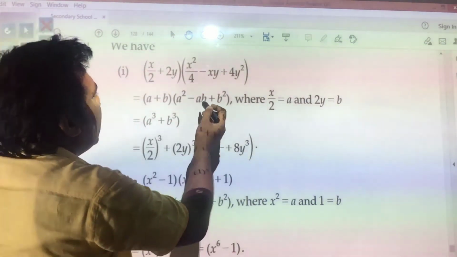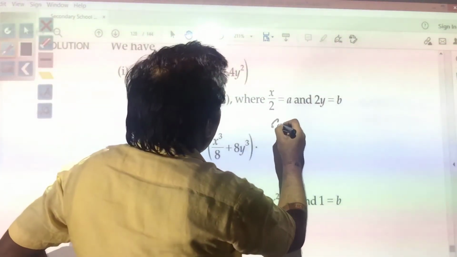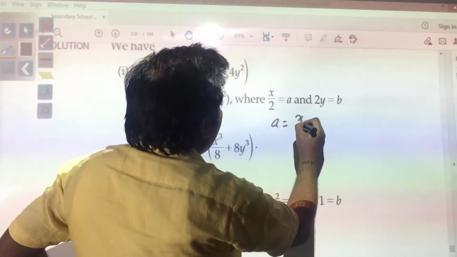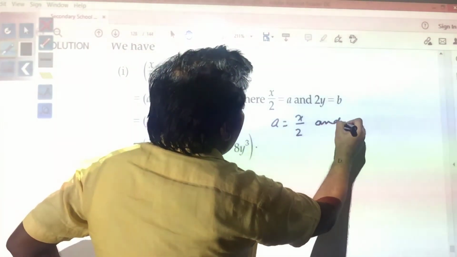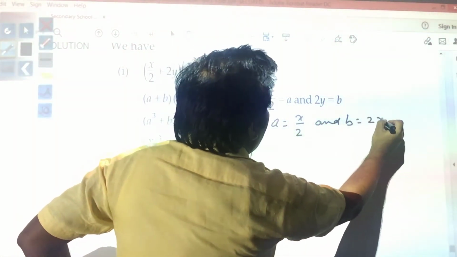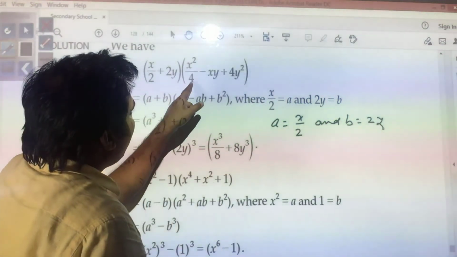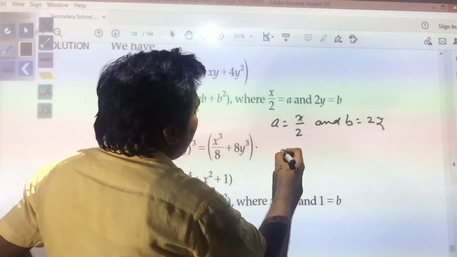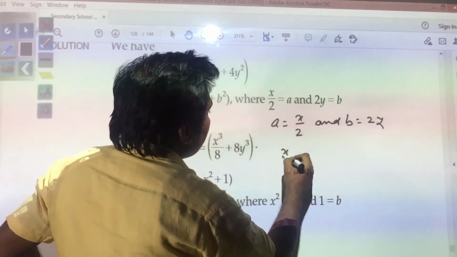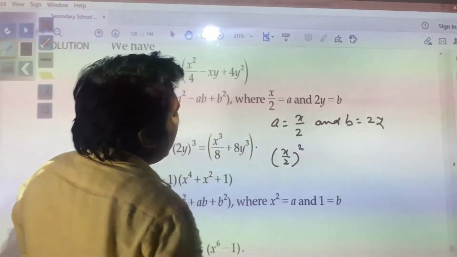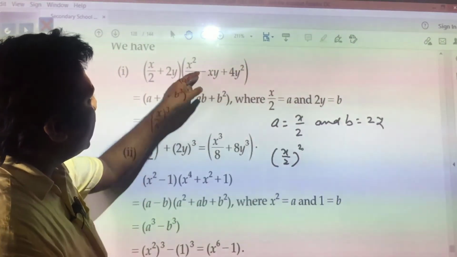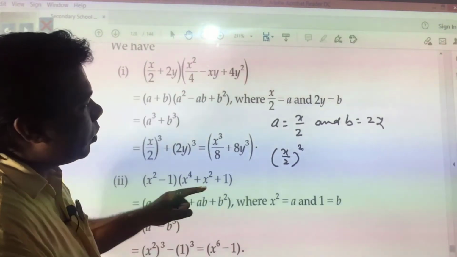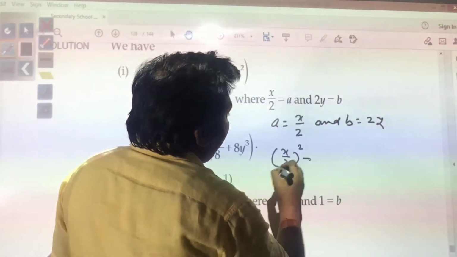Suppose we are assuming A is equal to x by 2 and B is equal to 2y. Then x square by 4 can be written as x by 2 whole square. X by 2 whole square is equal to x square by 4, and minus AB.